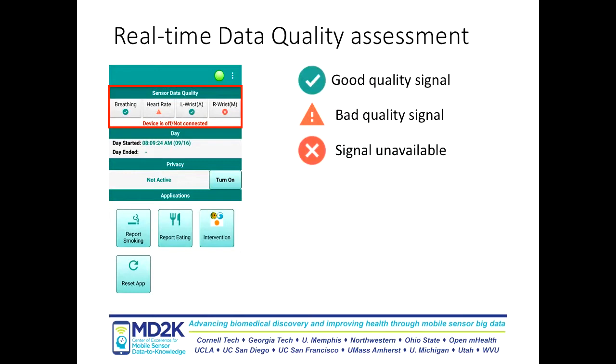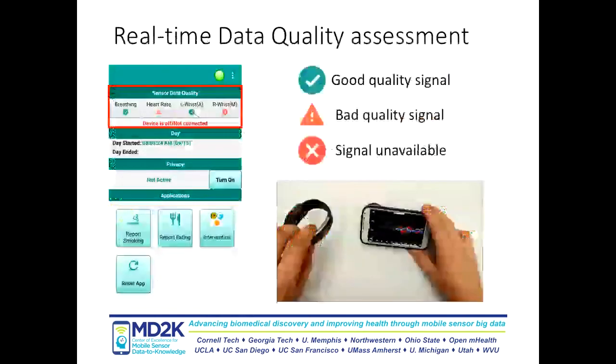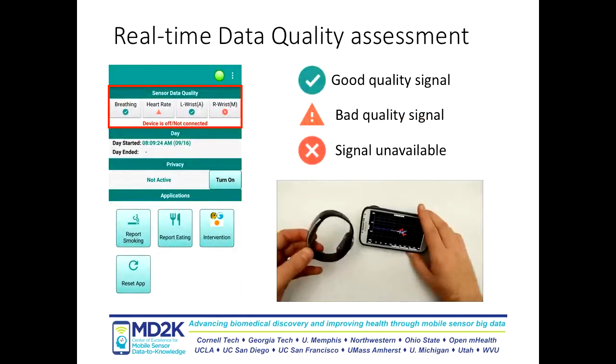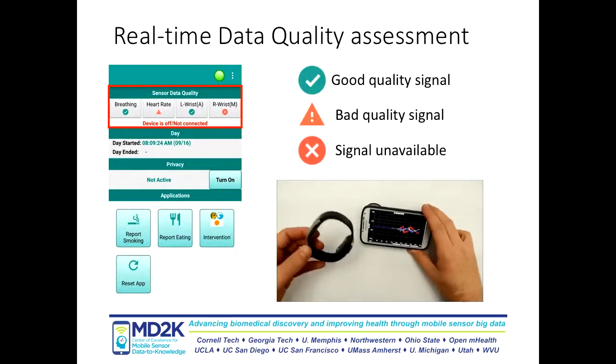It indicates that the system still receives the data, but the data quality is not good enough for any biomarker computation. The wrist sensor is showing that the signal is unavailable and it indicates a cross. The real-time data quality assessment helps the user to identify problems by visually inspecting the sensor data on the smartphone.